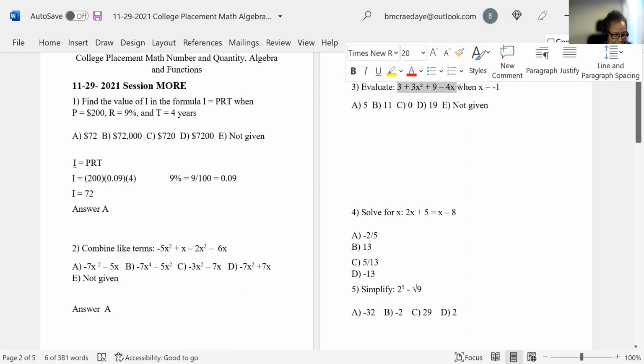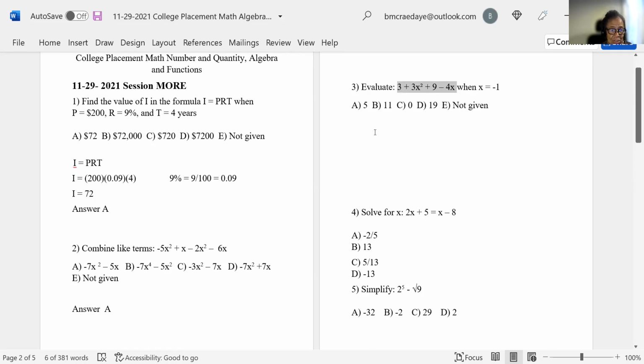Notice that's not an equation, that's an expression. So let's just put that here. And wherever you see an x, you're going to put a minus 1. So put a minus 1 here, and that x is a minus 1, and that's squared. And then you put a minus 1 here.